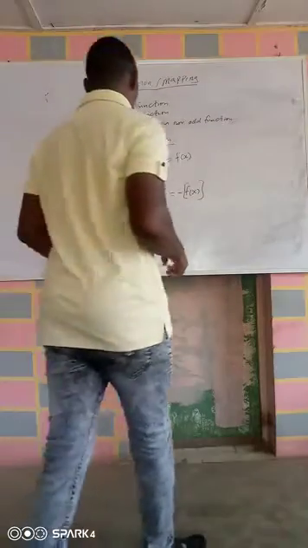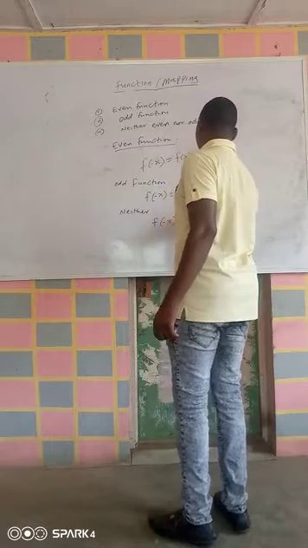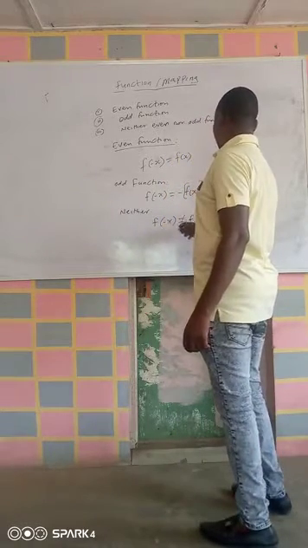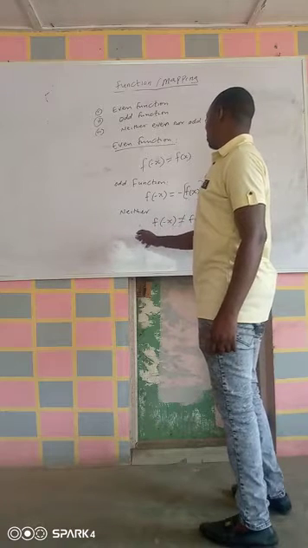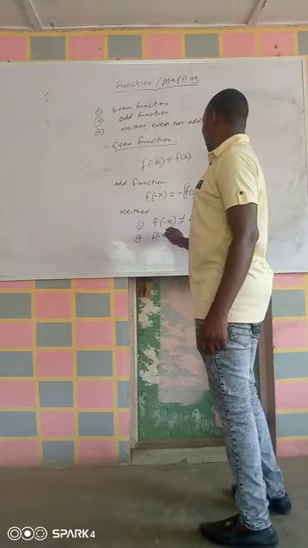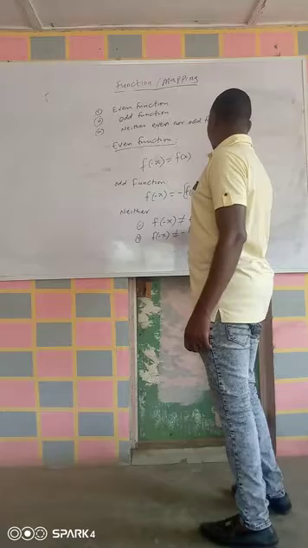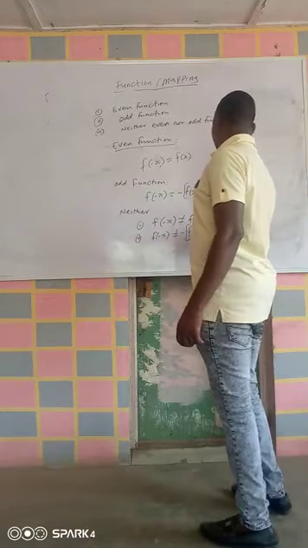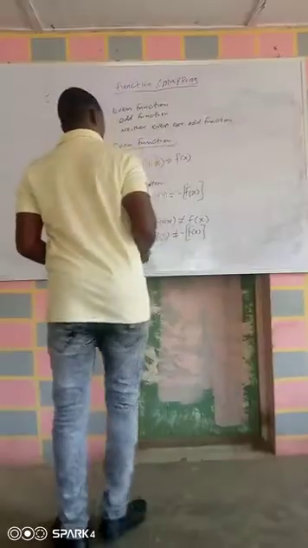Okay? So you can just say that f of minus s is not equal to f of s, and that means it has two conditions. So two, we have f of minus s is not equal to minus f of s. So that is just what we are putting you through here.